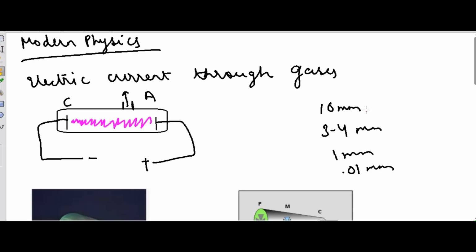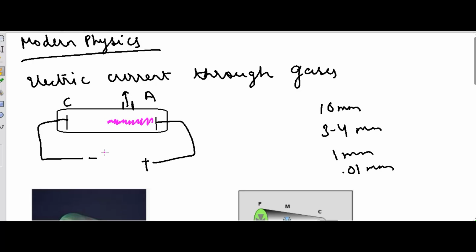At 10 mm of Hg, we see a reddish glow right from the anode almost up to the cathode. When we continue pulling out air, this reddish glow contracts, and it no longer goes all the way to the cathode.